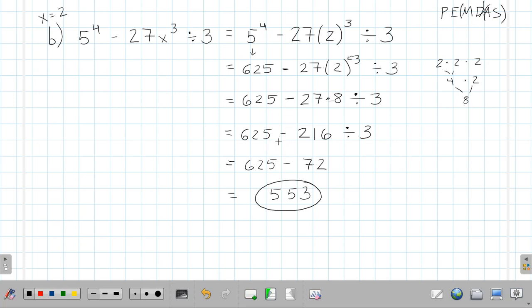So I do want to point out, notice how many. This was a pretty big expression, but it only took me 6 lines to complete this, and that's with me going through order of operation and only changing one thing in every step. Once again, 5 to the fourth, 2 to the third, 27 times 8, 216 divided by 3, 625 minus 72.